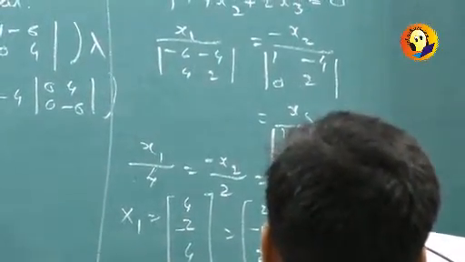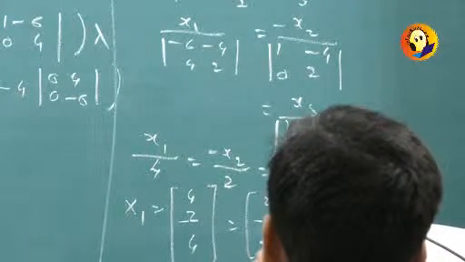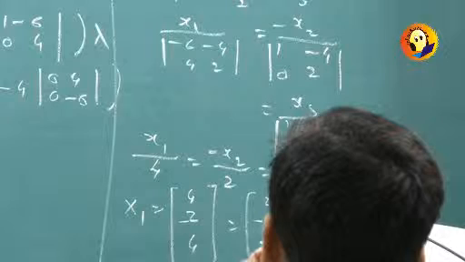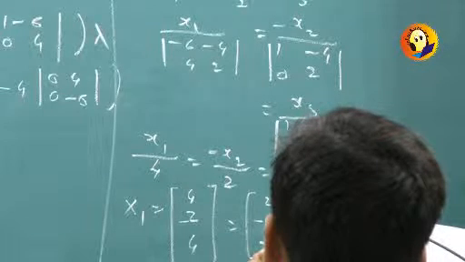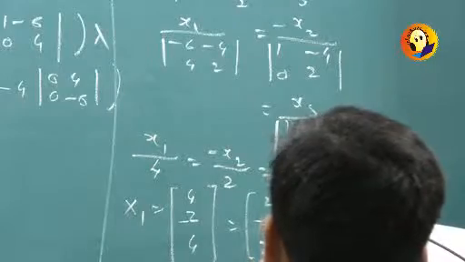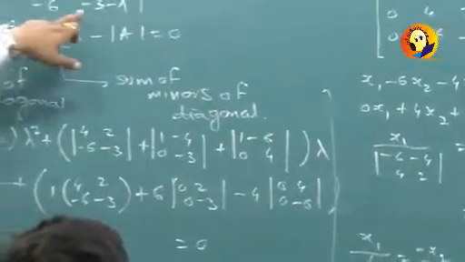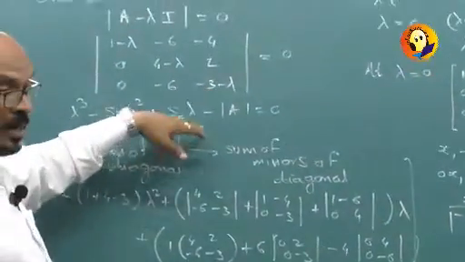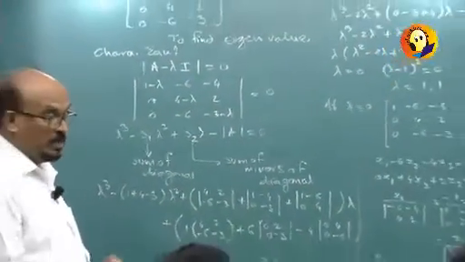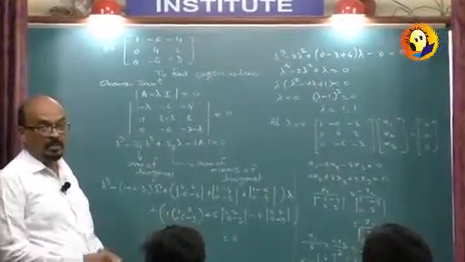So till this there is no change. The change will begin when we substitute lambda equal to 1. If we put lambda equal to 1, it becomes 0 minus 6 minus 4. It will become 0 3 2, and this will become 0 minus 6 minus 2, and practically all the equations will come out to be the same, and then the things begin, right?